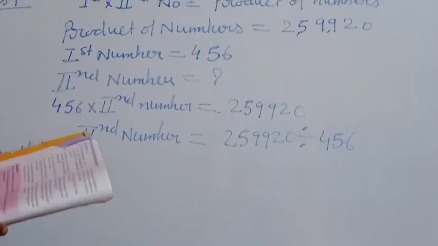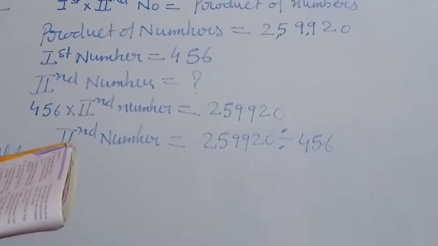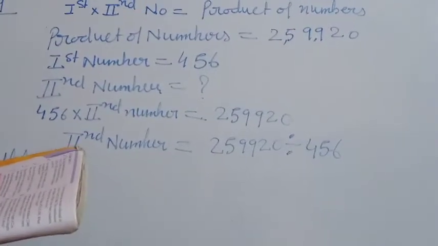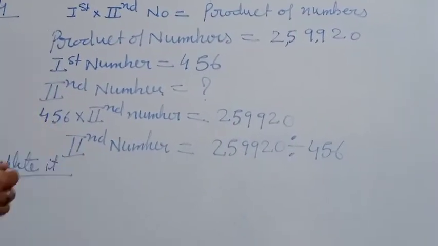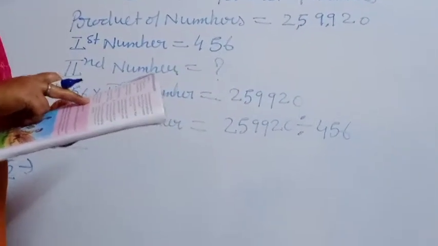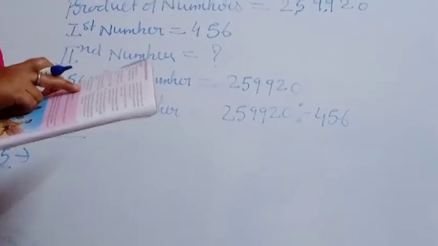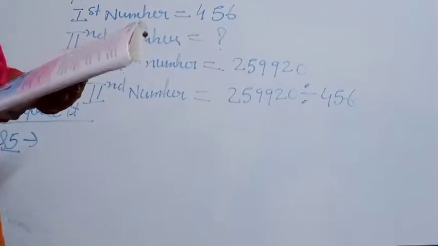Now reach to the question number 5th. Find the difference between the greatest and the smallest number that can be written using the digits. Okay, again listen to the question. You have been given five different digits. You have to form numbers with the help of these digits.